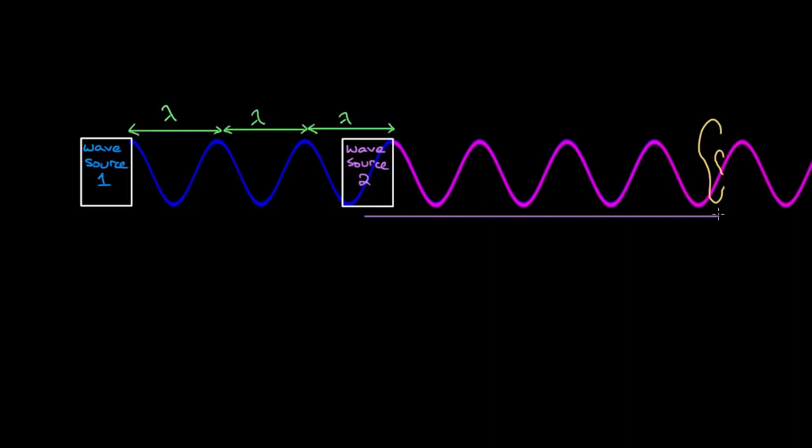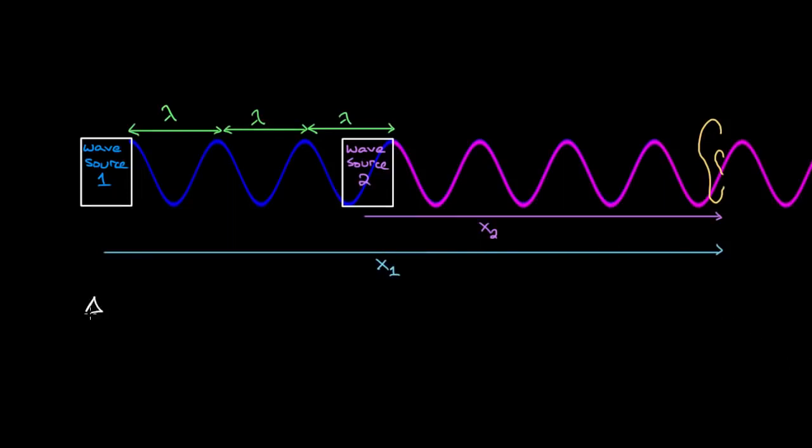So something that turns out to be useful is a formula that tells us how much path length difference there should be. If I'm going to call this x2 the distance that the wave from wave source 2 has to travel to get to whatever's detecting that wave, and x1 the distance that wave source 1 has to travel to get to that detector, we could write down a formula that relates the difference in path length, which I'll call delta x, the distance that wave 1 has to travel minus the distance that wave 2 has to travel.